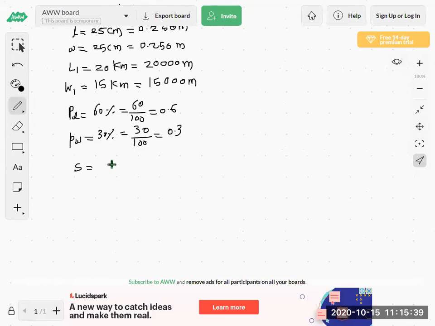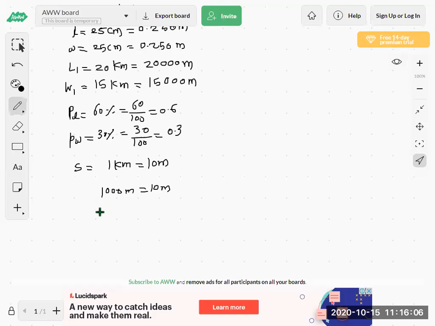S is equal to, they have given, 1 kilometer is equal to 10 meter. Now this 1 kilometer, how much meter? 1 kilometer means 1000 meter, which is equal to this 10 meter.